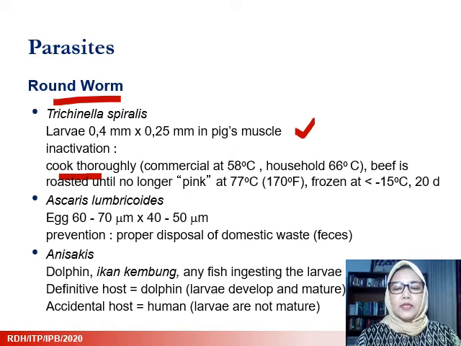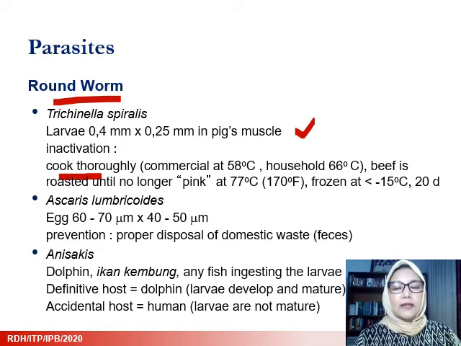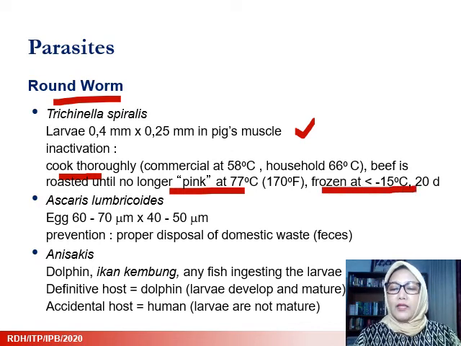Usually at a commercial setup, you will apply 58 degrees Celsius, and in household, you use 66 degrees Celsius. Beef is roasted until no longer pink at 77 degrees Celsius or frozen at minus 15 degrees Celsius for 20 days.